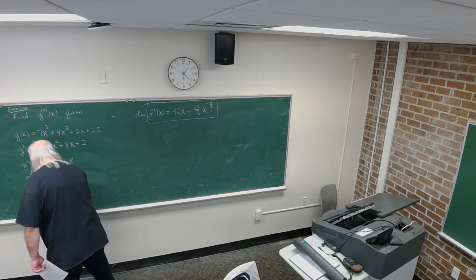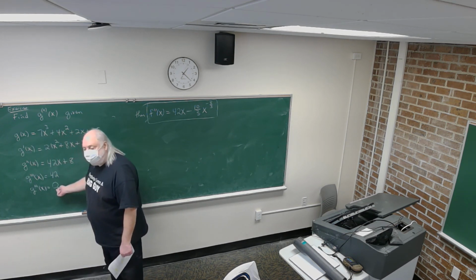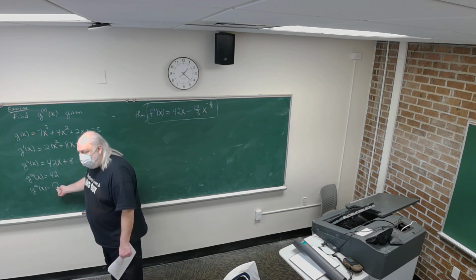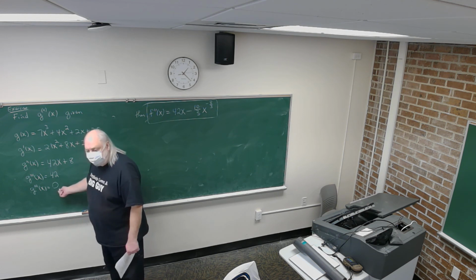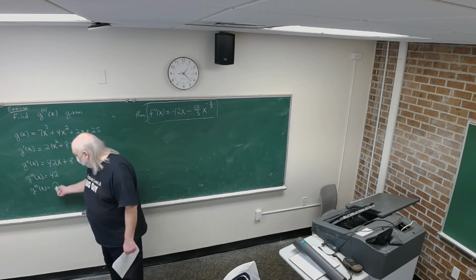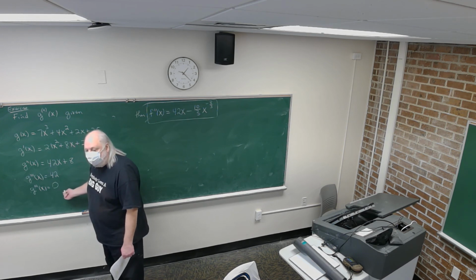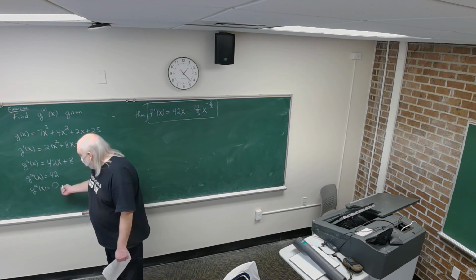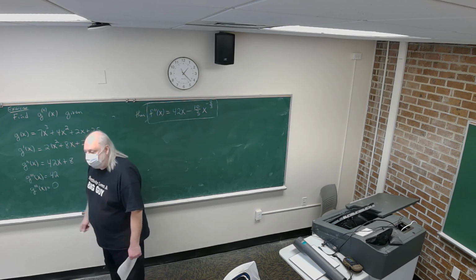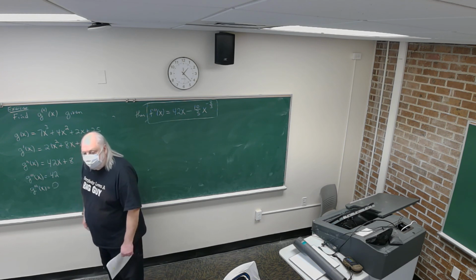Okay. Now here's the interesting thing. Once one of the higher order derivatives is equal to 0, all the higher order derivatives after that will be 0, right? Because the derivative of 0 is 0. The graph of this function is the horizontal line y equals 0. It's the x-axis. And the slope of a horizontal line, even y equals 0, is 0.